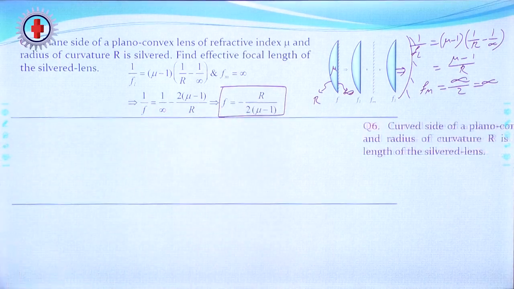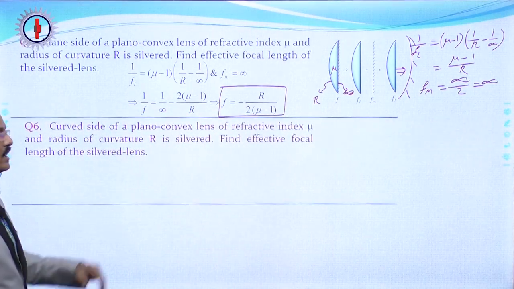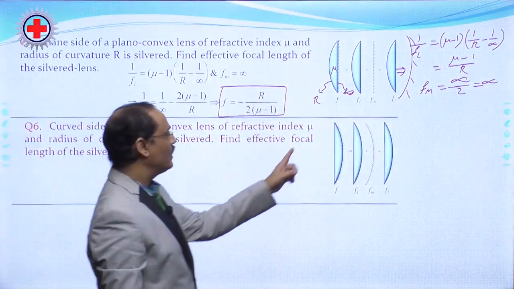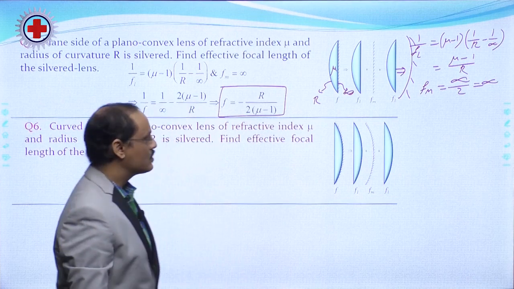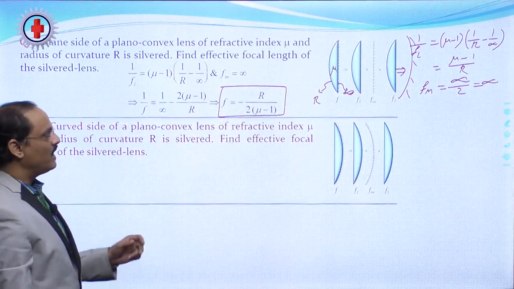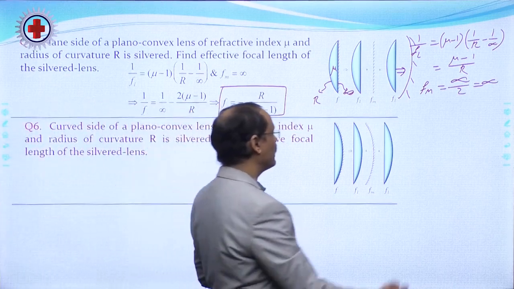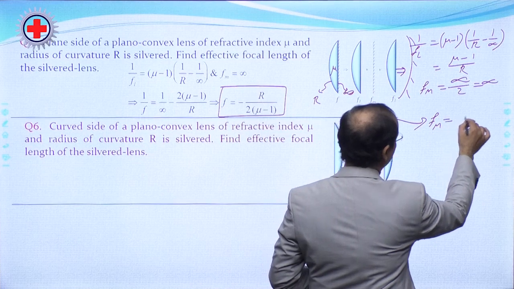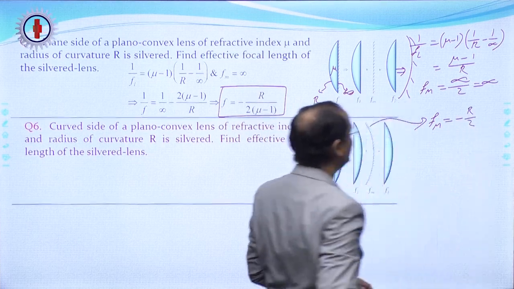Now, let us change the coating a little bit. Instead of the plane side, we now coat the curved side. So, what happens? The focal length of the lens remains the same, but the focal length of the mirror changes. For this particular mirror, the focal length is equal to minus of r by 2.